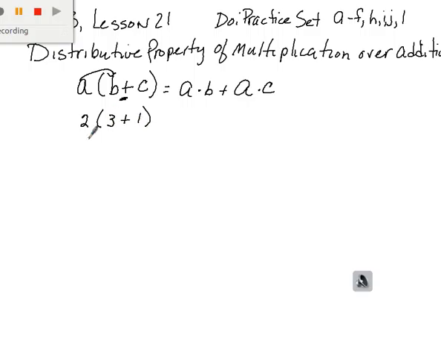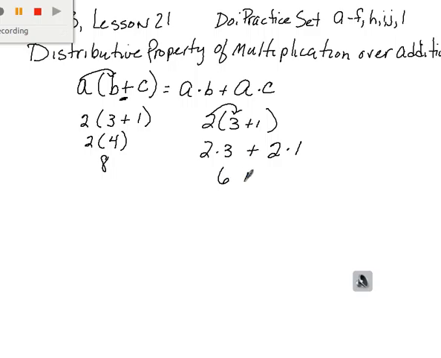The easiest way to do this problem would be to add 3 plus 1 first and say 2 times 4 equals 8. However, if they tell you to use the distributive property, you would have to say 2 times 3 plus 2 times 1 and do 6 plus 2 equals 8.